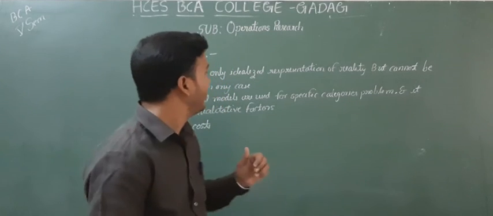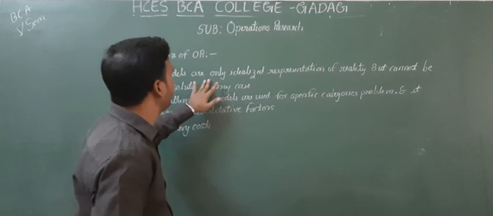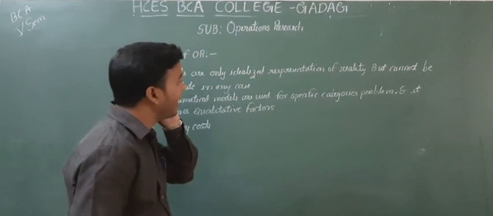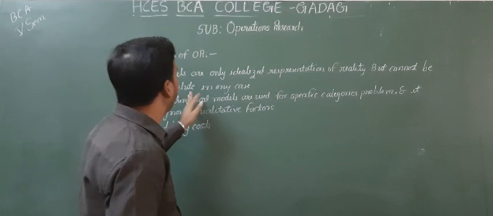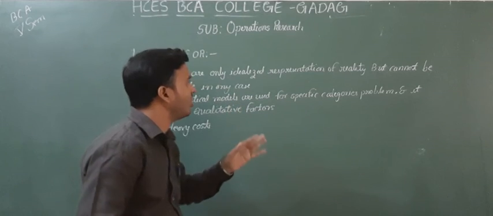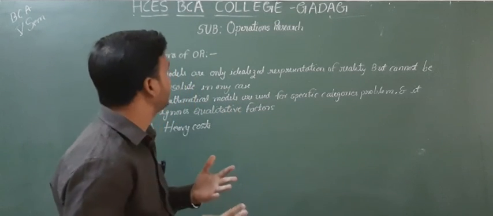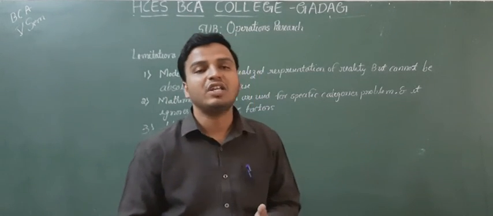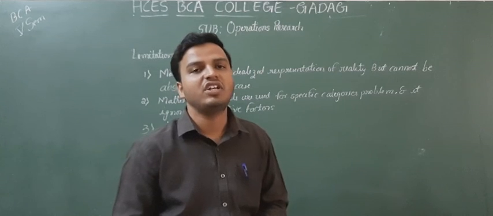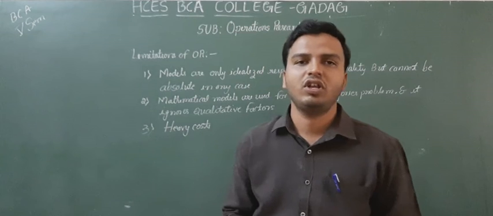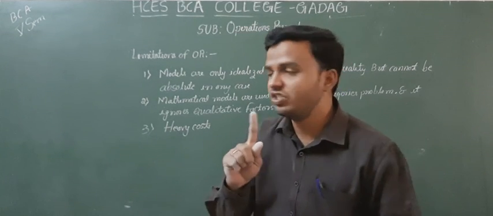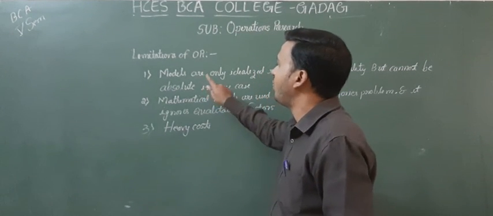So what are the limitations? The first one is models are only idealized representation of reality but cannot be absolute in any case. Whatever models we have used are representations of reality, but we cannot use them in every particular case. That is the first demerit of operation research.